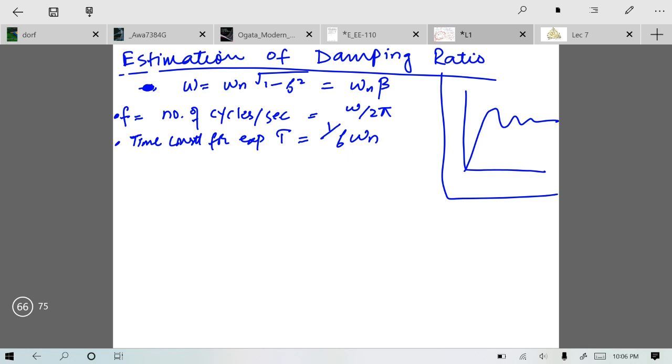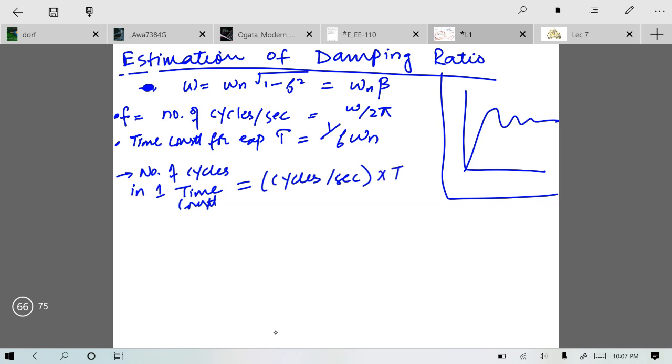We want to estimate the damping ratio only by looking at the response of the system. Now, the number of cycles in one time constant is equal to cycles per second multiplied by the time constant tau.